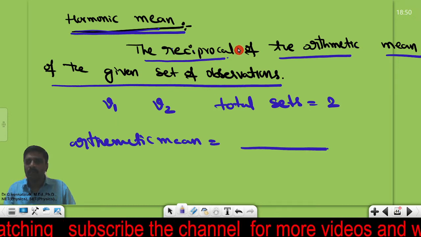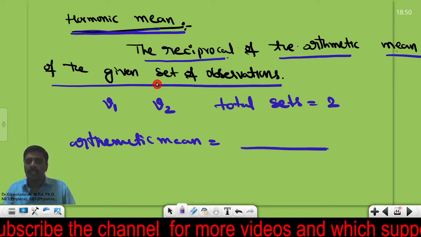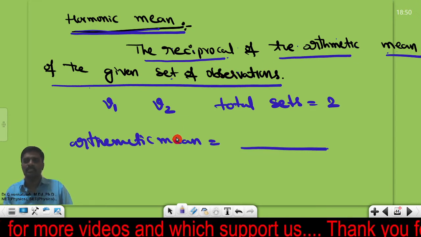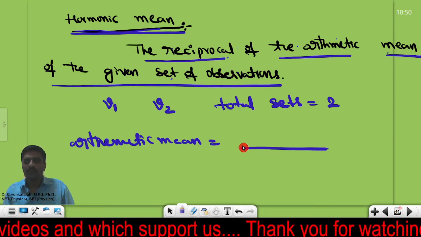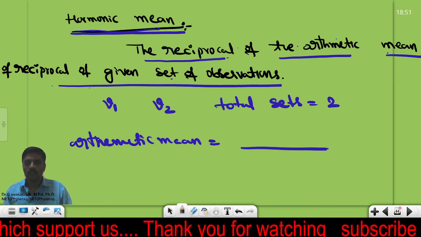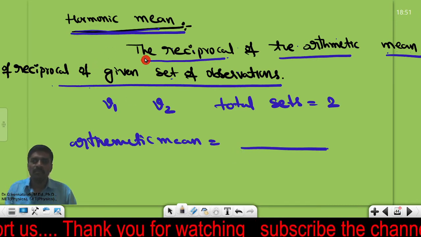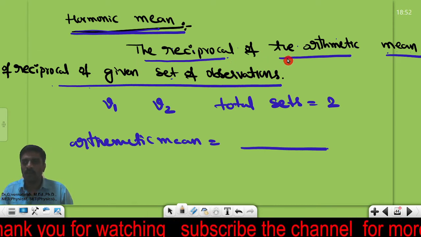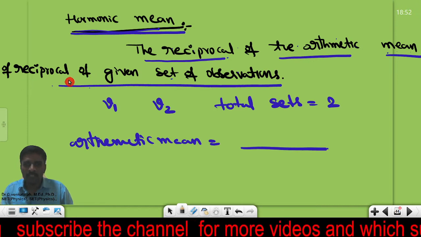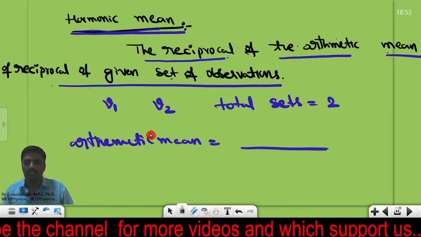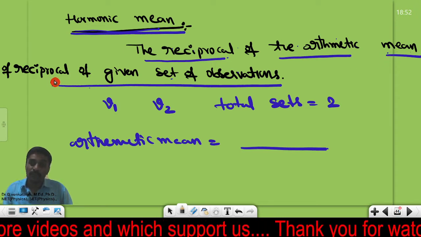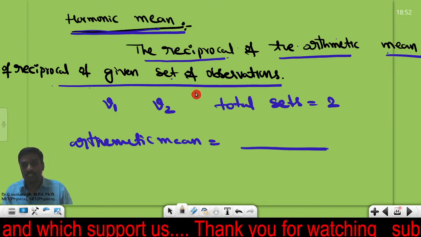The harmonic mean is the reciprocal of the arithmetic mean of the reciprocals of the given set of observations. So here we take the arithmetic mean of the reciprocals.